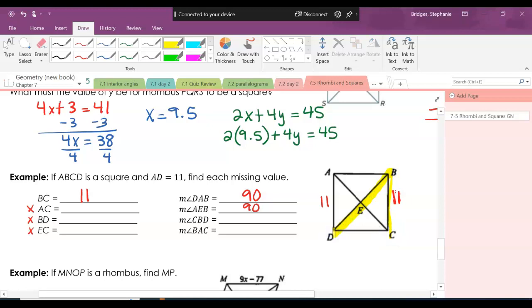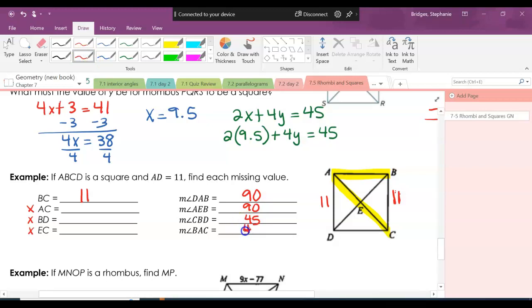Is that a whole corner angle or just part of it? Part of it. So what is that going to be then? 45, yep. Half of 90. And the last one they're asking us for is BAC. Is that an entire corner or just part of it? Part of it. So that's going to be 45.